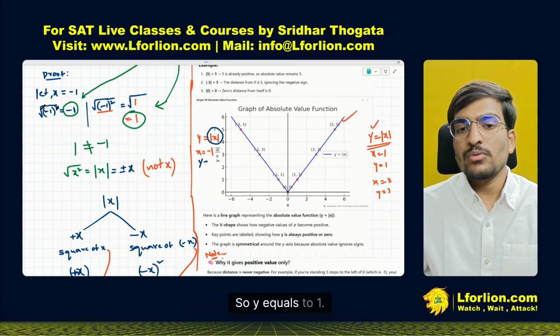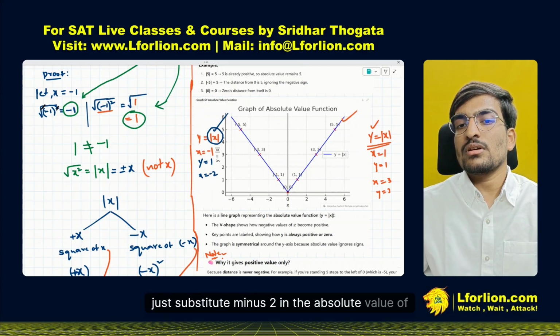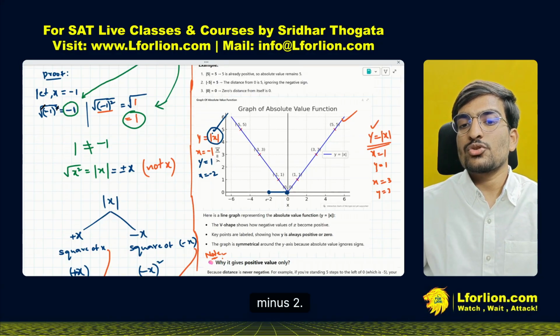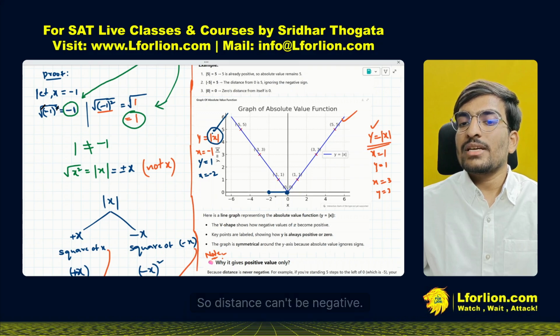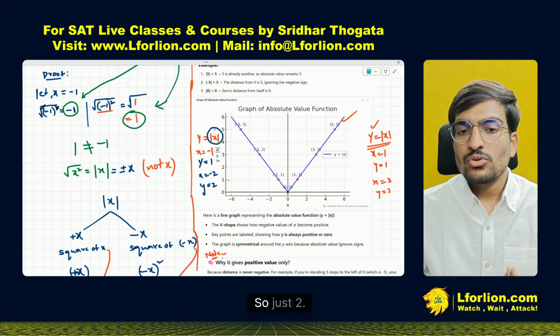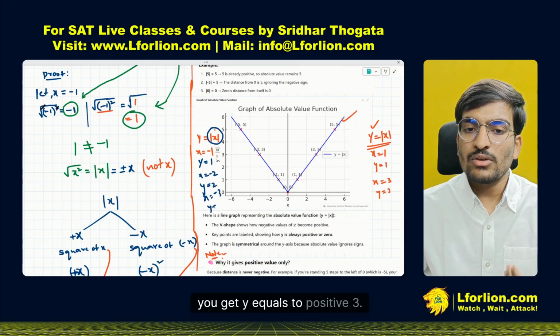So y equals 1. And if we take x equals negative 2, the absolute value of negative 2 is the distance from 0, which can't be negative, so we take positive 2. So y will be 2 here. If you take x equals negative 3, you get y equals positive 3.